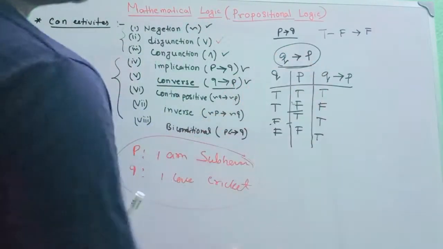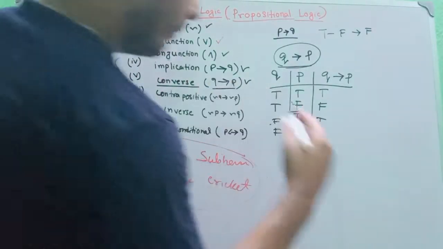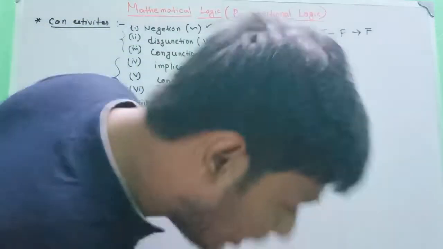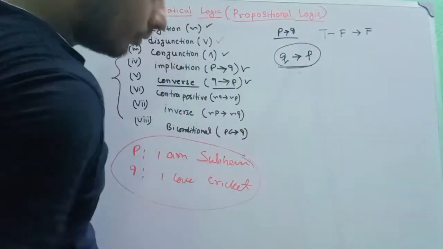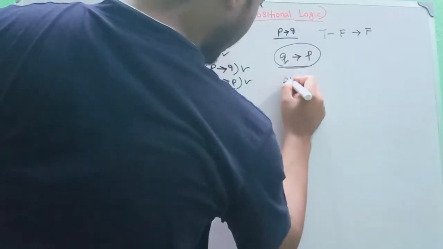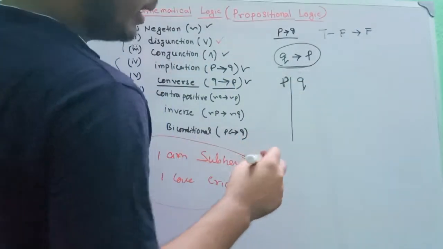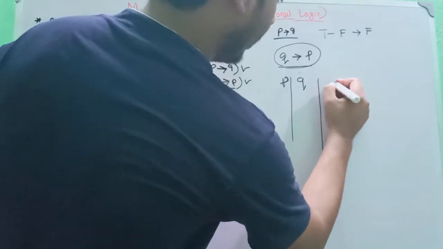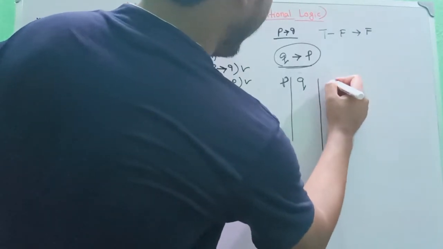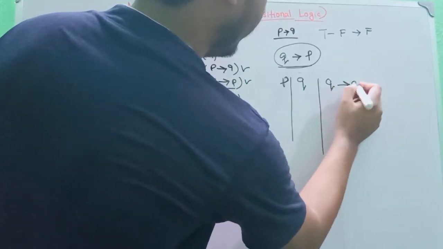So this is converse. You might have some doubt, so I erase this and write again P, Q. In my previous truth table I wrote Q first, and that's why maybe you could not understand.